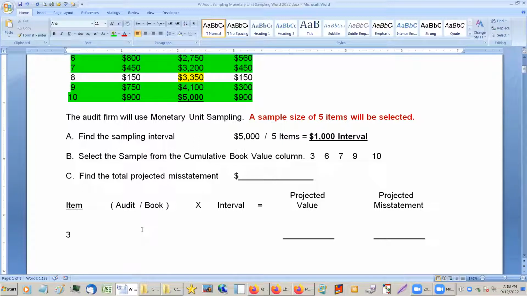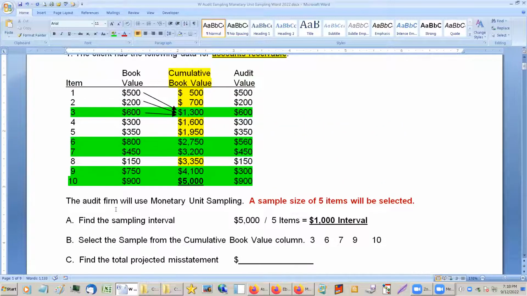We're going to have an audit amount. In my bid to make this even more confusing, I'm going to highlight the audit and book amounts.